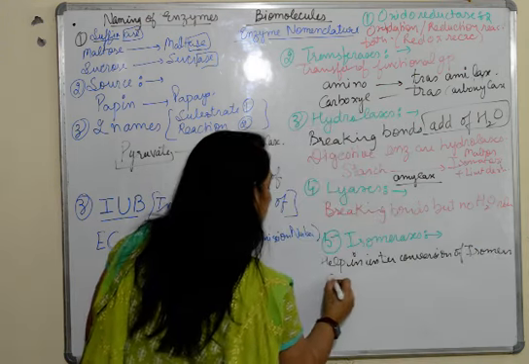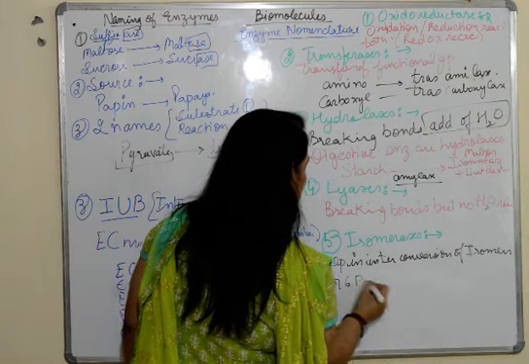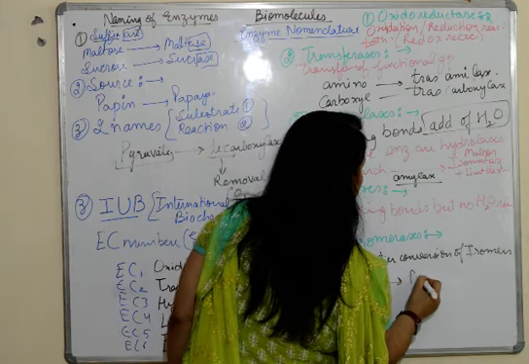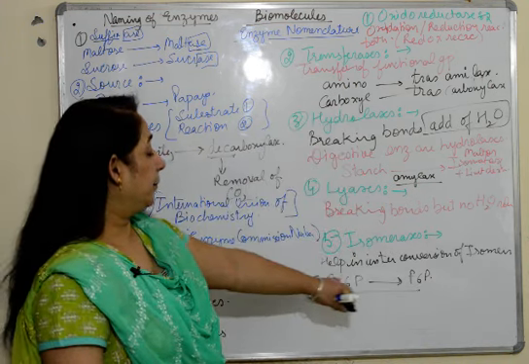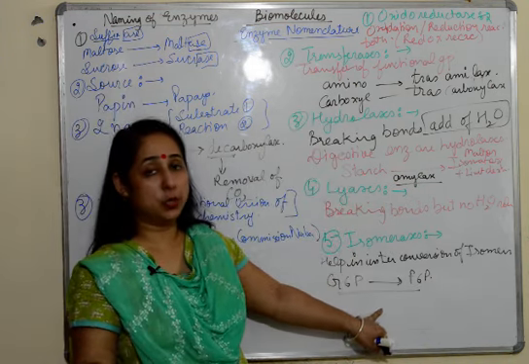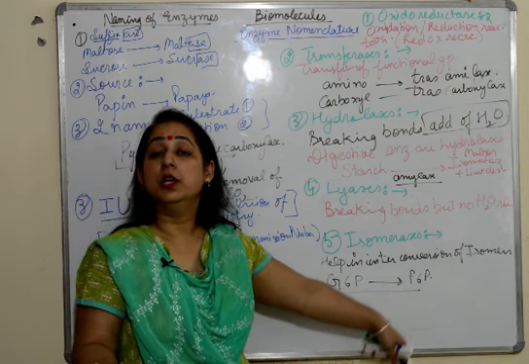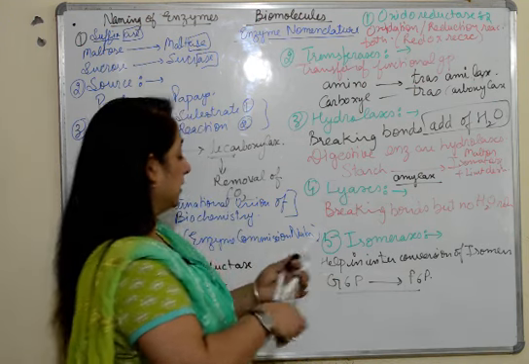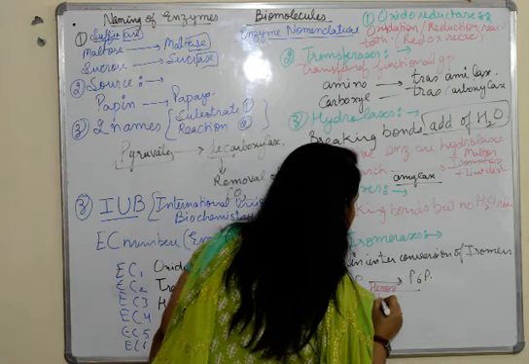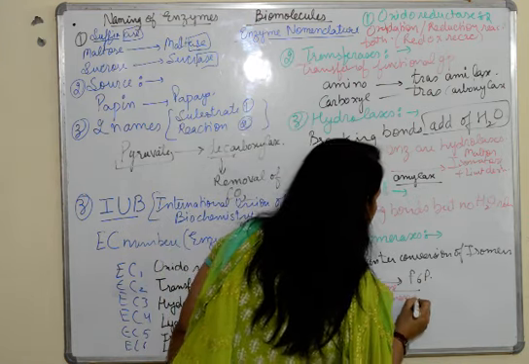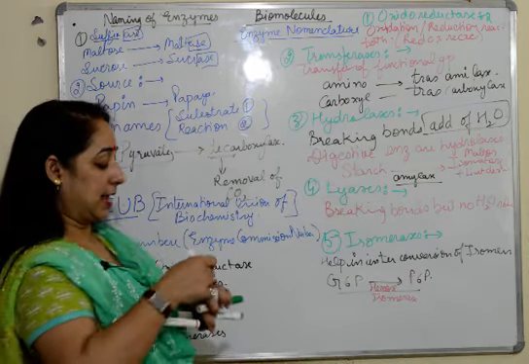Example, like glucose 6-phosphate is converted into fructose 6-phosphate. So here this conversion is done by hexose isomerase. Why? Both of them are hexose sugars. So the category is isomerase enzymes.